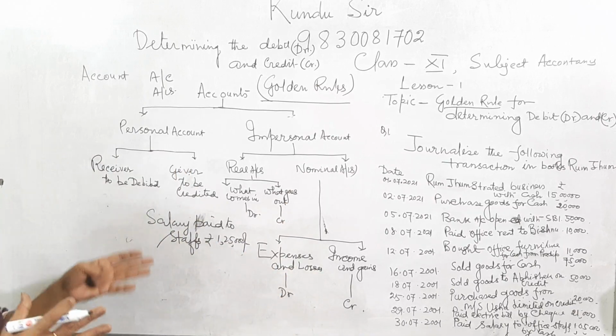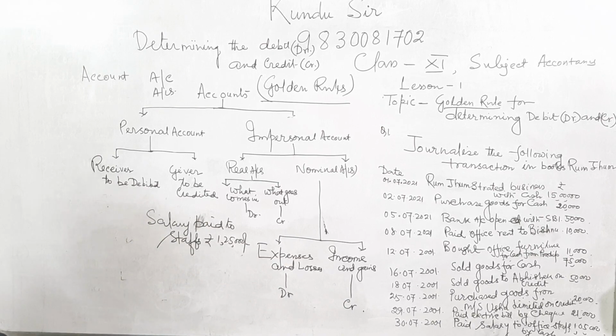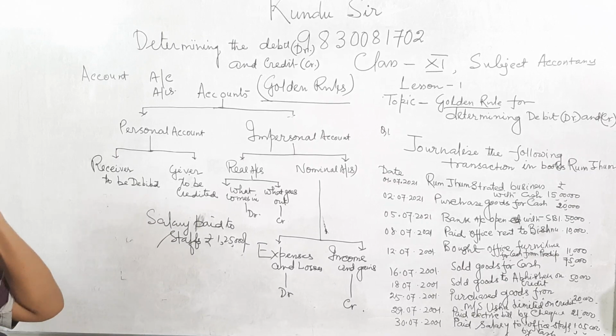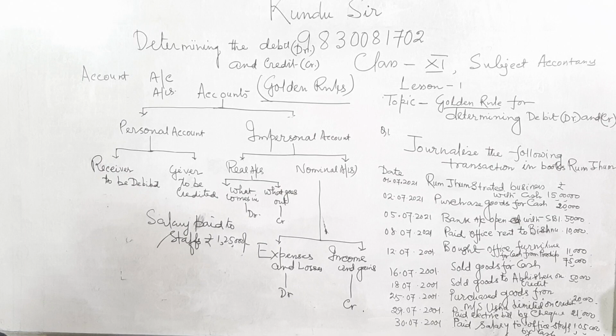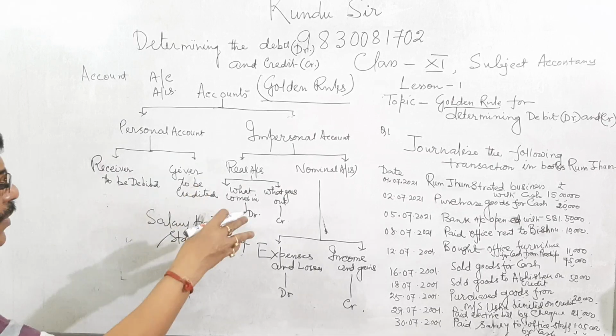For the salary account, at the end of the year it is to be closed and transferred to the P&L account. The balance is not carried forward to the next year, because it is a nominal account.